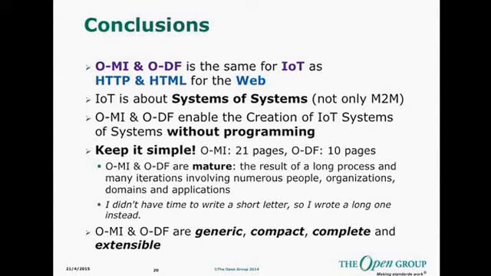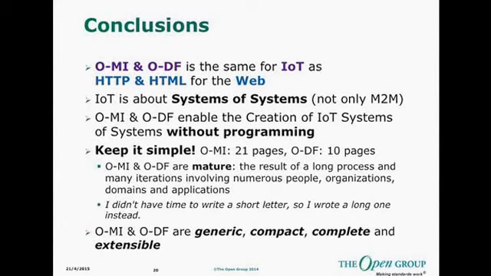As well, nobody knows who actually said this thing: I didn't have the time to write a short letter, so I wrote a long one instead. That's something that also applies to OMI and ODF. We have been improving them a lot over time, so now we claim that they are generic, compact, complete, and also extensible for use in all kinds of applications, IoT applications at least.